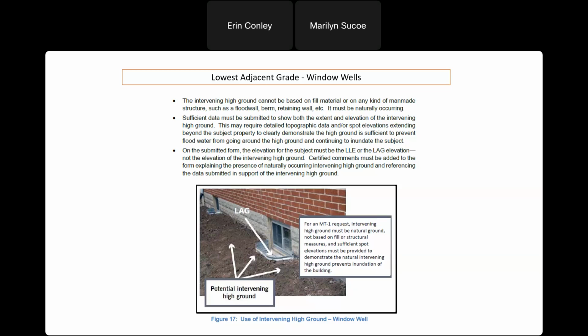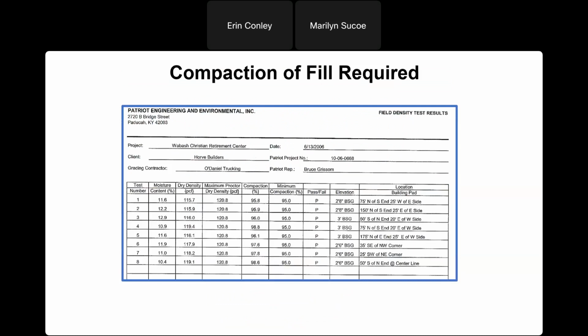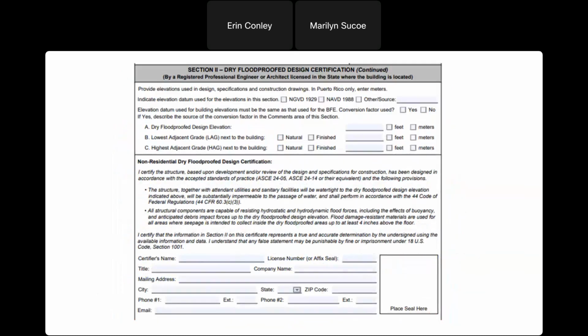Did they size the sump pump properly if they're putting in a basement or a crawl space? Hopefully that makes sense. If the person asking that question wants to contact us later, just send me an email and we can go into more details.